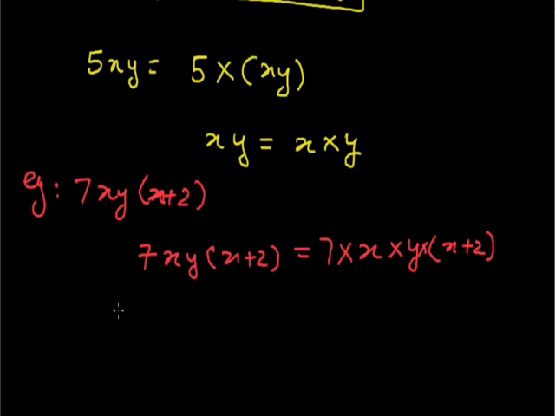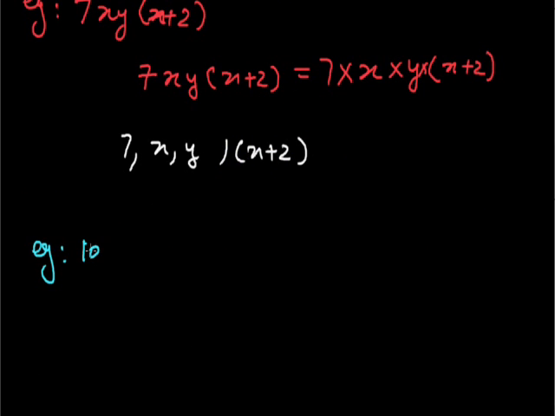Thus the factors of 7xy (x plus 2) are 7, x, y and (x plus 2). These are the irreducible factors of 7xy (x plus 2), since they cannot be further factorized.